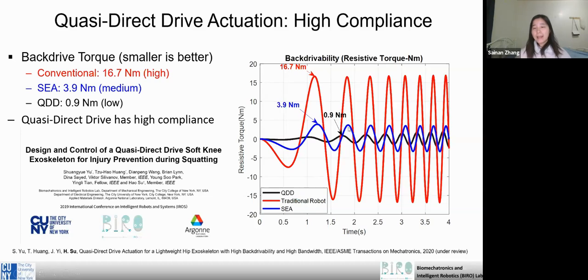And the SEA has a small backdrive torque. And the QDD has the smallest backdrive torque and the highest backdrivability.